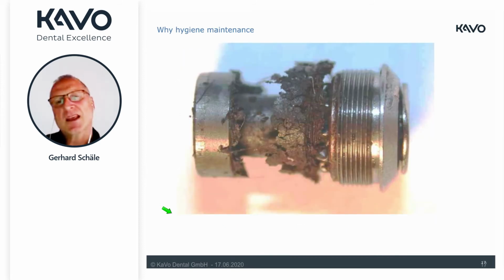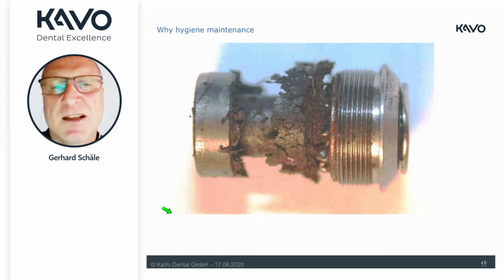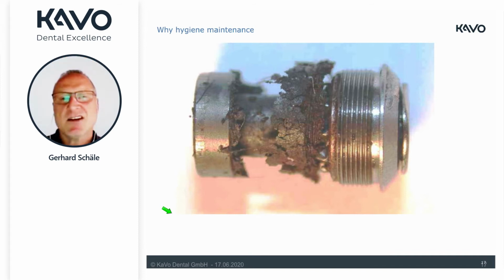One important thing here, when we talk about prophylaxis, we have to talk about the polishing paste. You can see here the insert of a head which was used for prophylaxis. What you can see here is polishing paste that stayed in the inside of the head because it crawled into the chuck and stayed in the front gear of the instrument. You can imagine how this looks after a while when it is filled up with particles on the inside and you sterilize these particles.